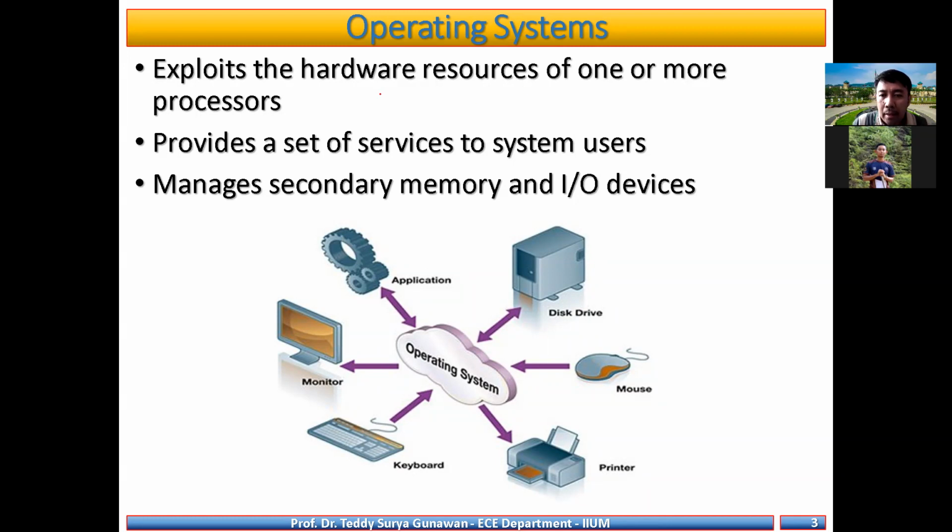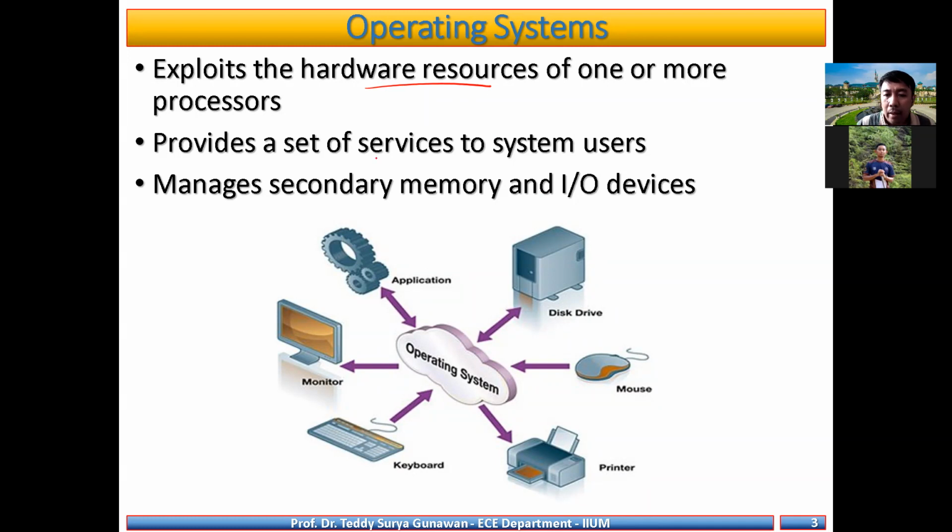So the operating system is used to exploit the hardware resources, because we cannot use the hardware unless the driver is plugged in and it can communicate with the OS. Otherwise it cannot be used. For example, if you install your graphic card and don't install the driver, it will not work until you install the appropriate driver.